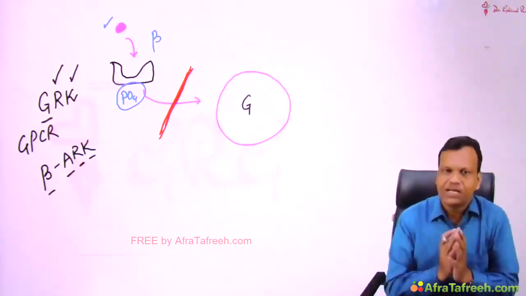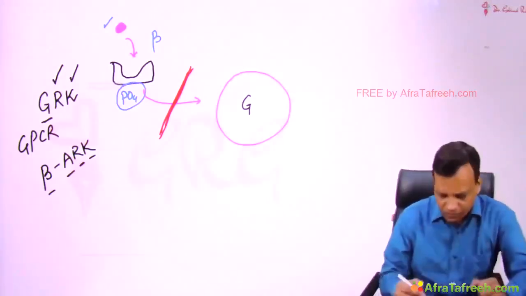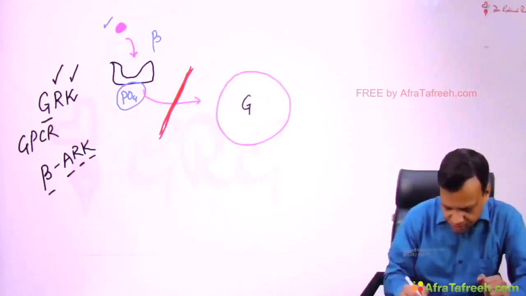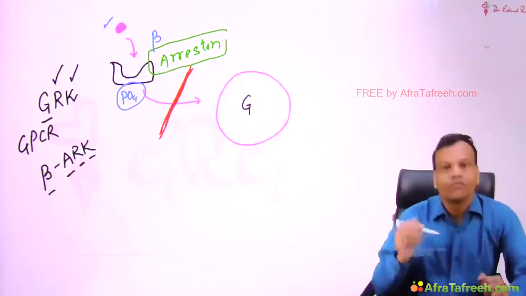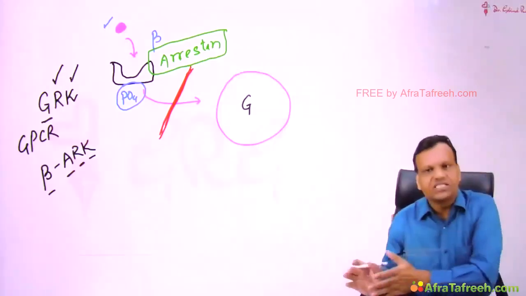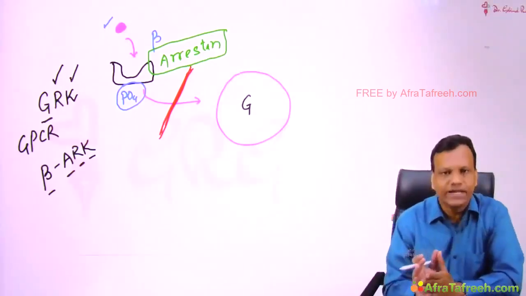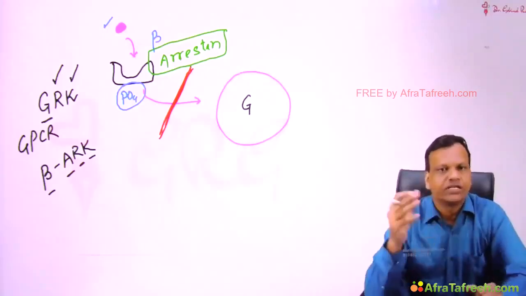Now when the receptor gets phosphorylated, it will attract a protein called arrestin. So this phosphorylated receptor binds to arrestin. And when it binds to arrestin, it cannot interact with the G protein. So when uncoupling happens, the action will stop.